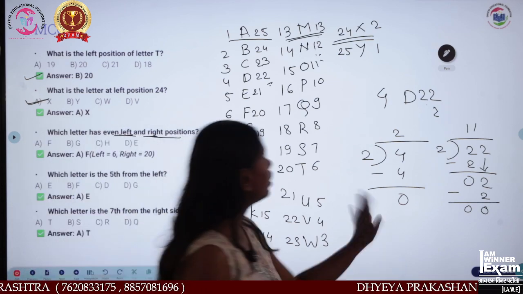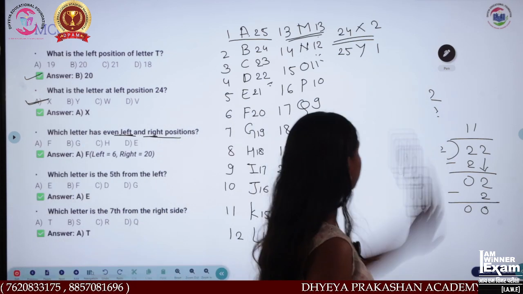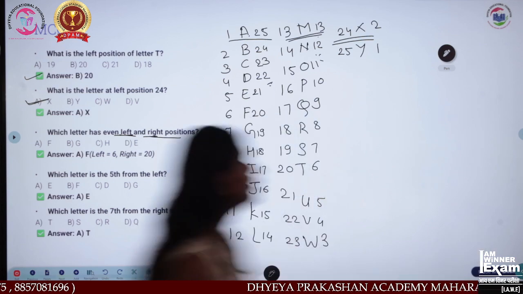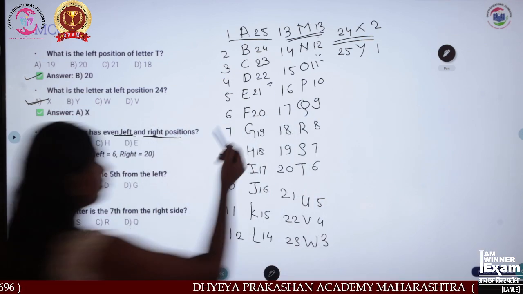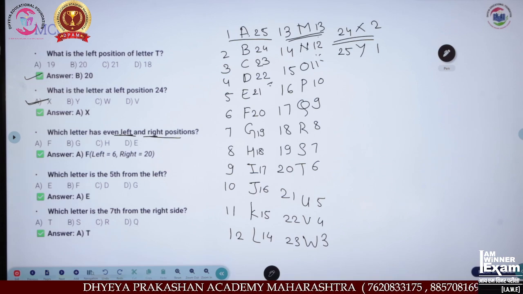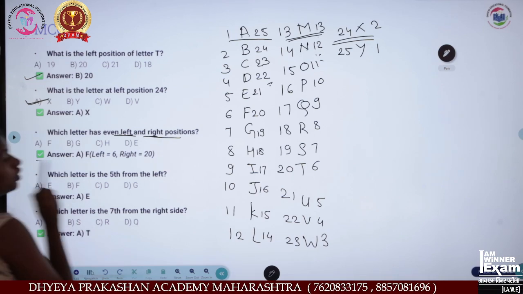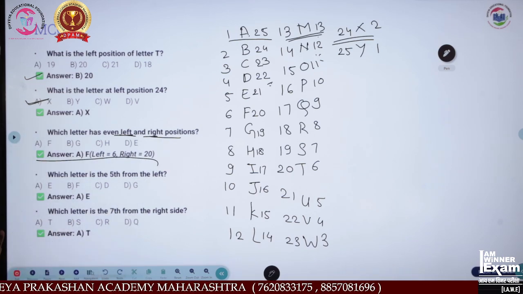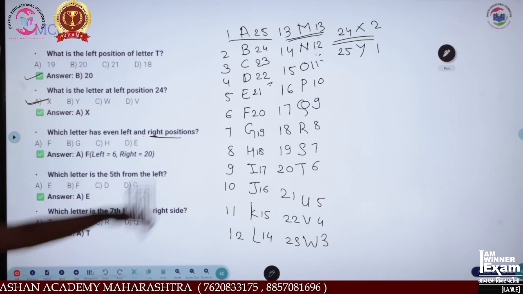So here the letter D is an even number. But that is not given as an option. What options do we have here?